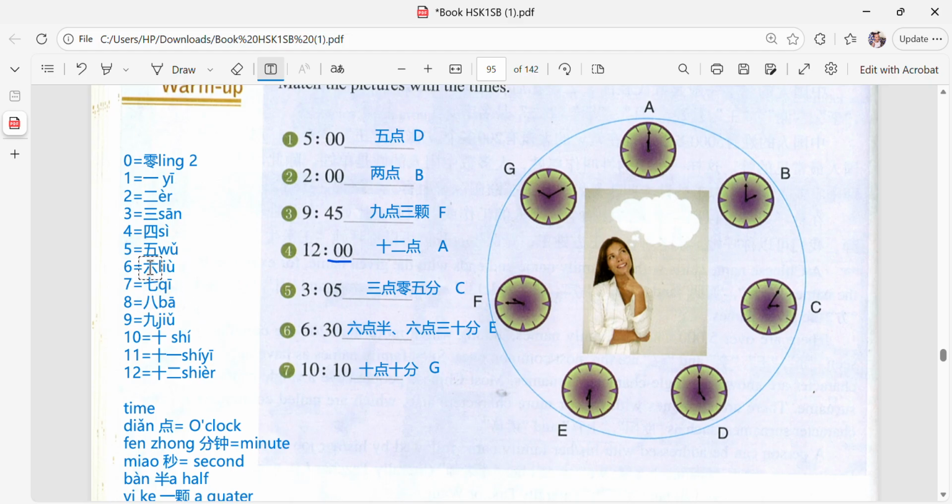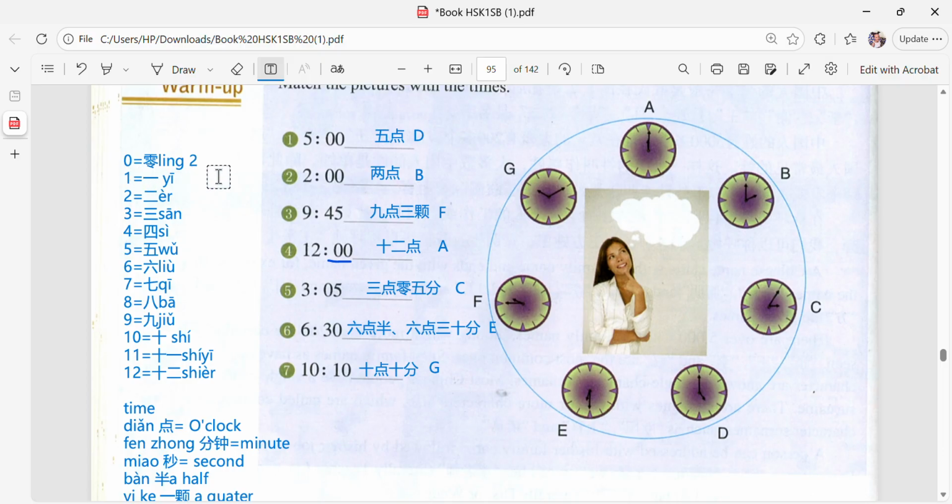Repeat after me the last time. 5, 6, 7, 8. Okay, so now we know 1, 2, 3, 4, and then we have 5, 6, 7, 8. So now we have 0 up to number 8.